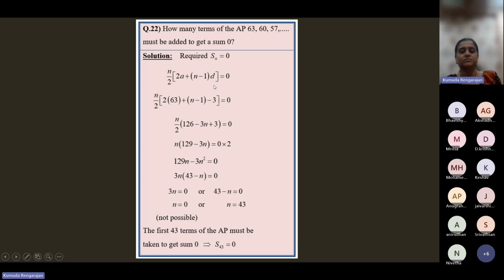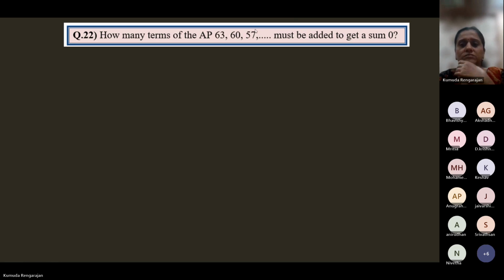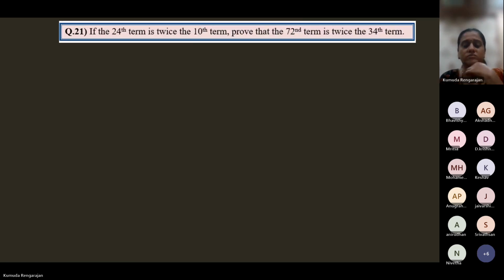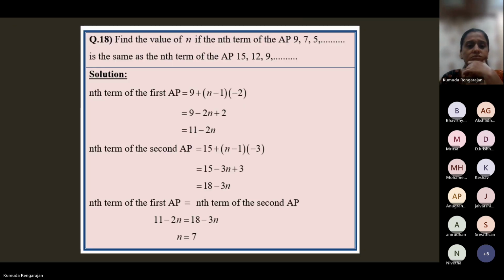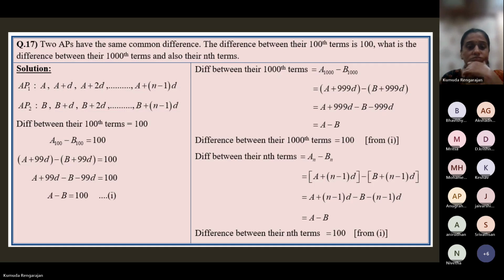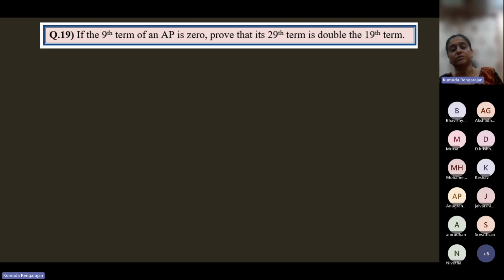Yeah, we'll do this one. Yeah, this one.